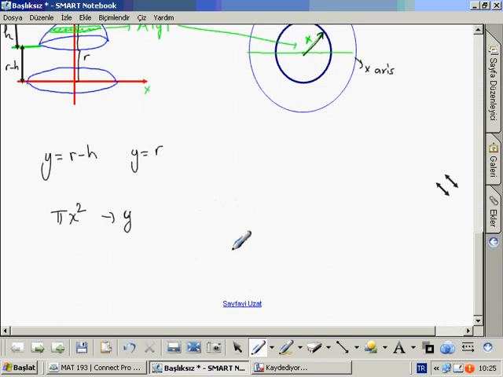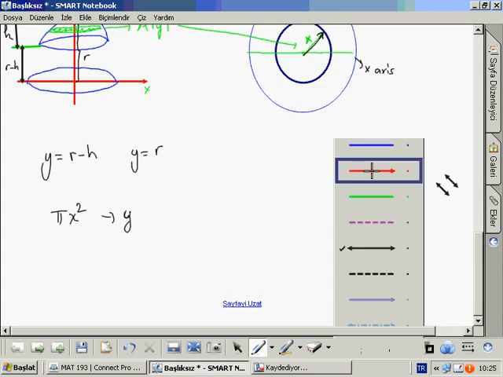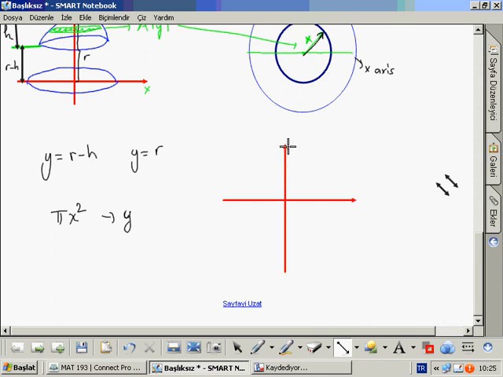And to get this, let's look at the sphere from the front.